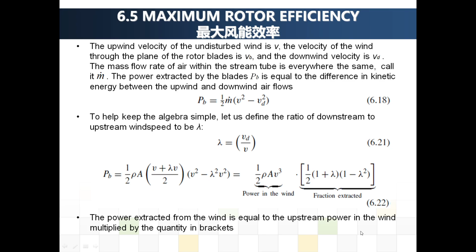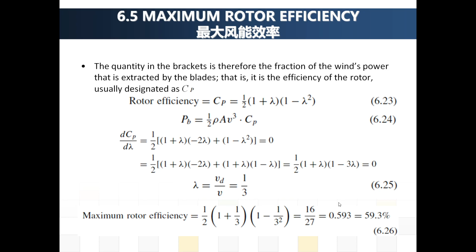The power extracted from the wind is equal to the upstream power in the wind multiplied by the quantity in the brackets, which we call the fraction extracted. The quantity in the bracket is therefore the fraction of the wind power that is extracted by the blades.